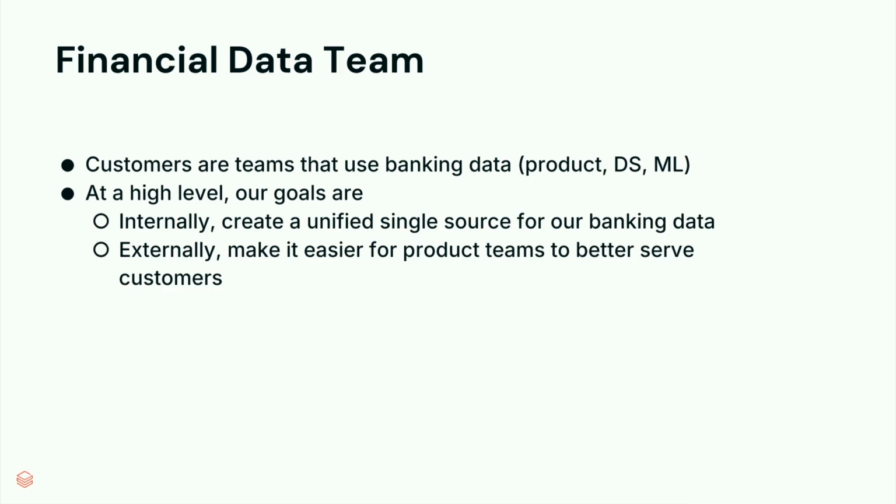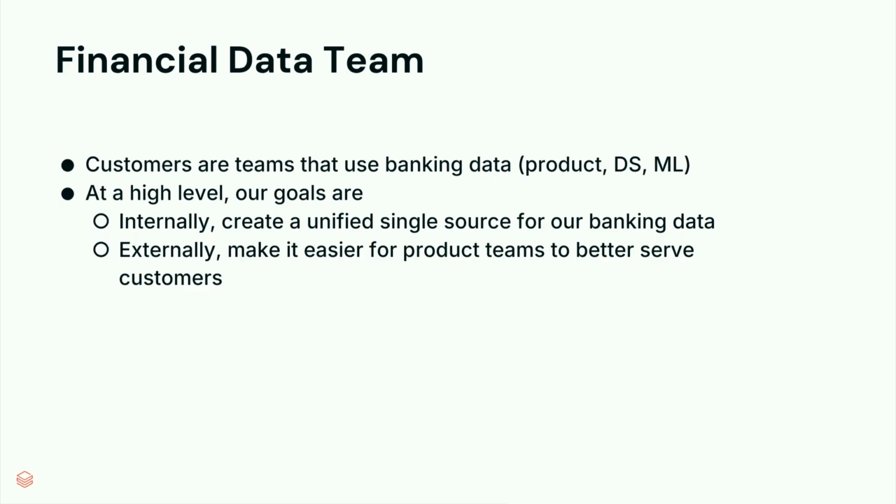So a little bit more about our team. We're the financial data team. Our primary customers are those that use banking data within Square. So these are our other product managers that we work with. These are data scientists, as well as ML engineers who use our data, build underwriting models, and build prediction models, and so on.